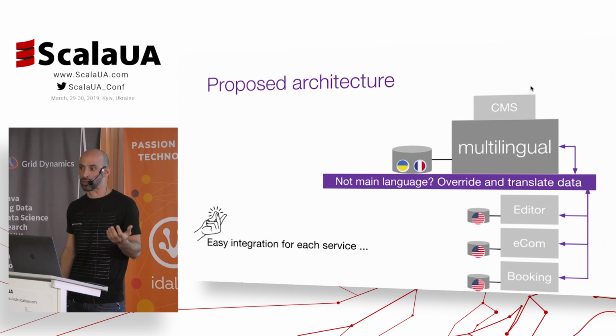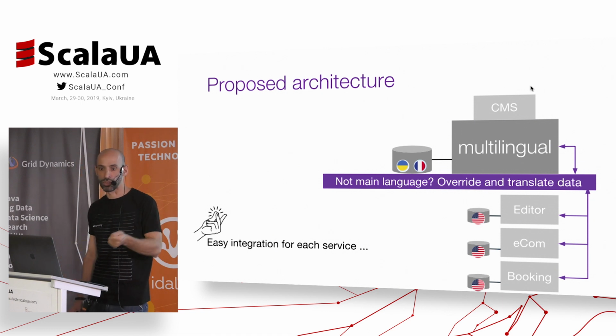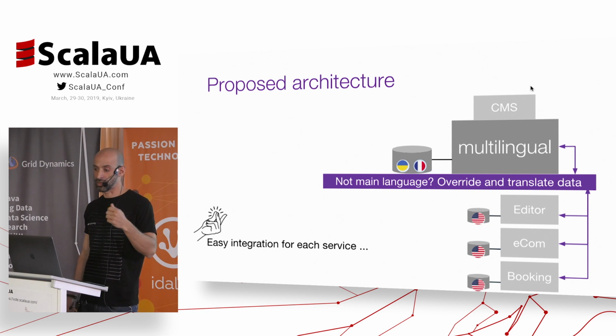So, for example, if a user asks for the site version in French, and the main language is English, then we retrieve the English data from the database, replace everything that was translated into French, and return it back to the API. Make sense?